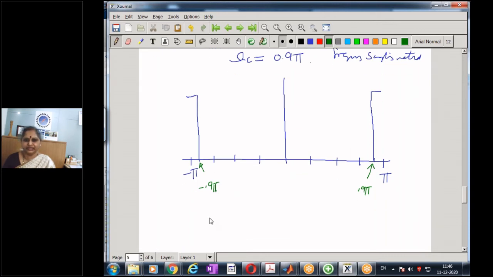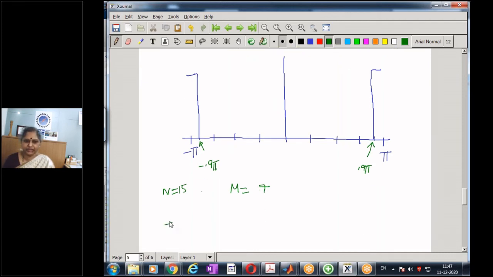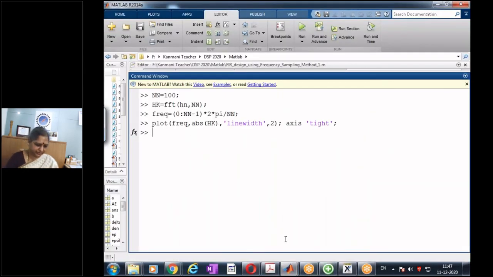Now I need to take 15 samples. In this case, n is equal to 15, and hence my m is going to be (n minus 1) by 2, so that is going to be 7. So minus 7 to plus 7 is what we have. Let us first see what our omega k are, that is my samples, or the resolution of my frequency.